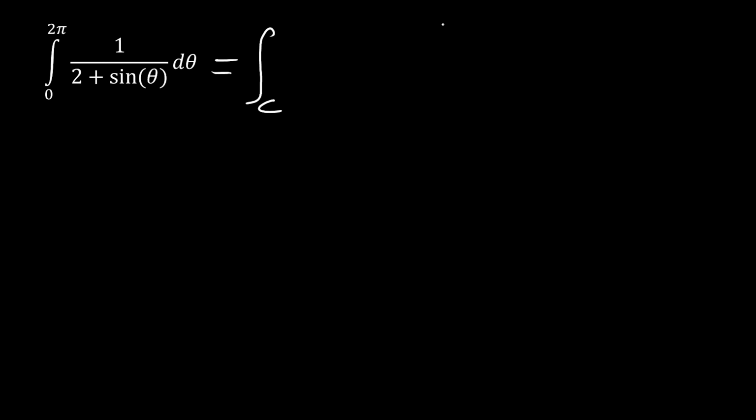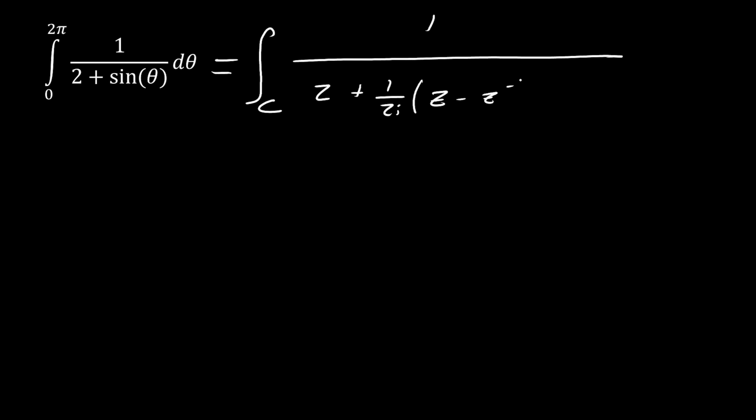Converting all this over, we're going to get 1 divided by 2 plus 1 on 2i times z minus z inverse. Really, this is just 1 on z, remember, folks. I'm writing it z inverse just because that's the notation I think is a little easier. And then we're just going to have a dz per iz.